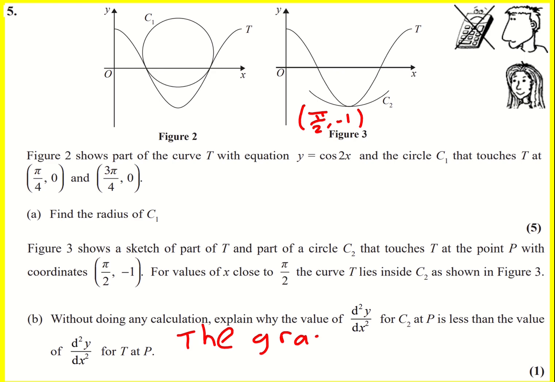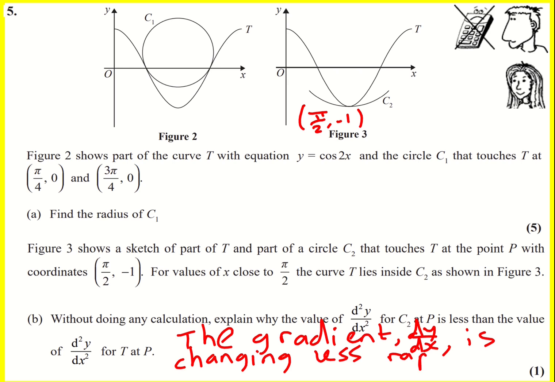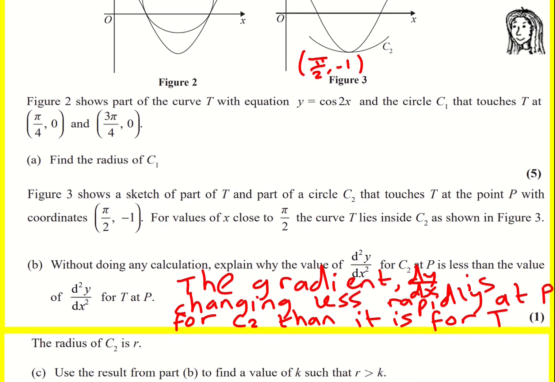So I wrote down the gradient dy by dx is changing less rapidly at P for C2 than it is for T. You could maybe just add therefore d2y by dx squared will be smaller or lower.